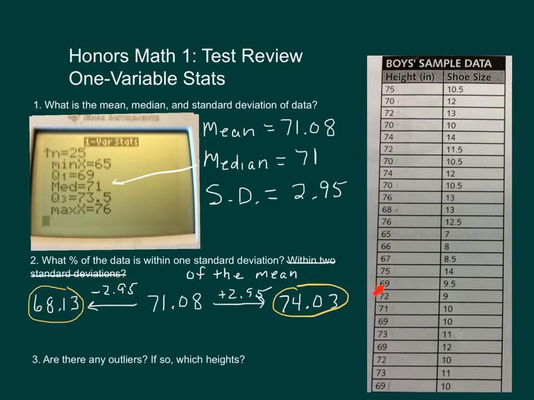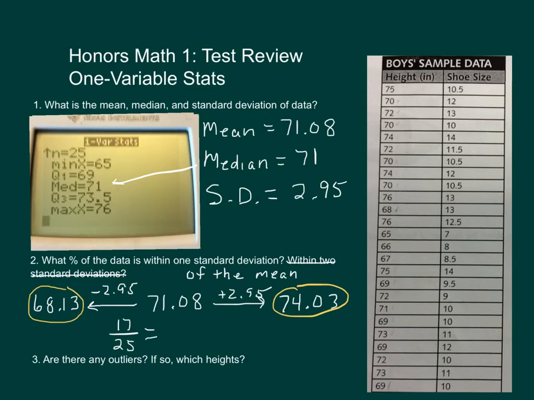Nope. 9, 10, 11, 12, 13, 14, 15, 16, 17. We're okay with that? There's 17. So there's 17 that are between 68.13 and 74. So the question is, what percent of the data? Well, you have 17 out of 25. That would be a percentage.